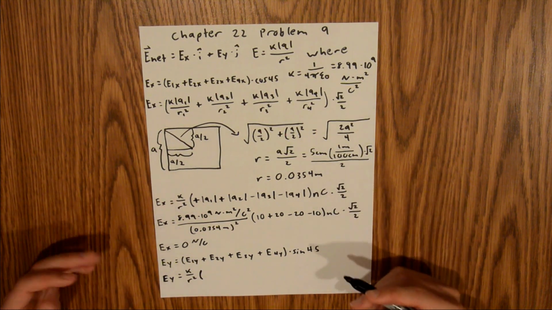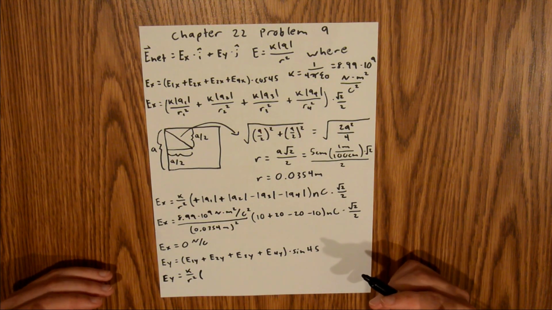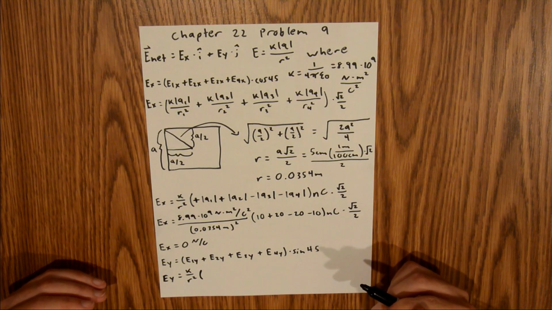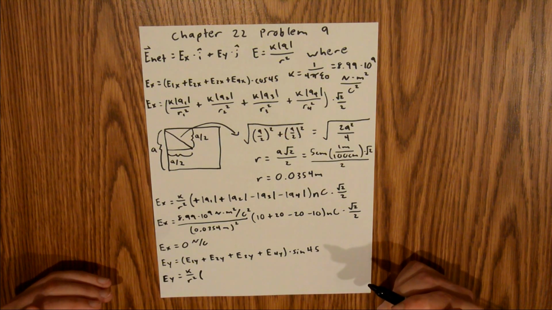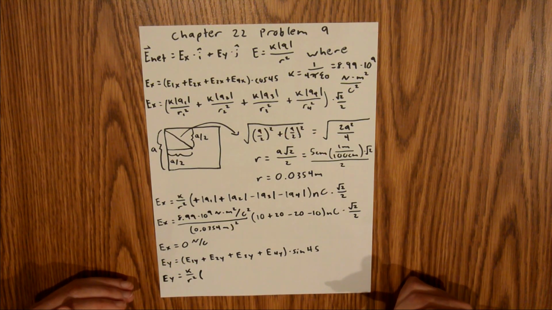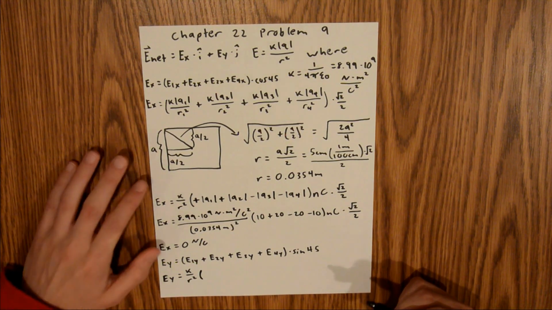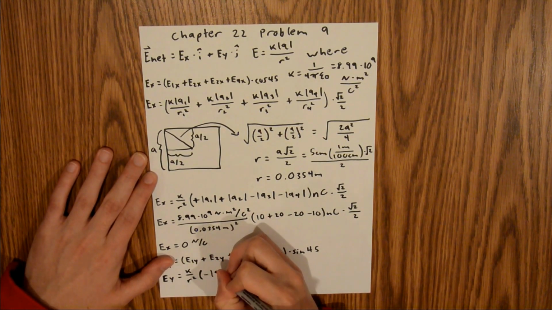And so in this case, if we look back at the figure in the problem, again, Q1 has a positive charge, and so now if we're looking in the y direction, the electric field is going to be flowing away from Q1, and if we're going away from Q1 in the y direction toward the point of interest, that is going to be in the negative y direction. And so in this case, we're going to have negative absolute value of Q1.